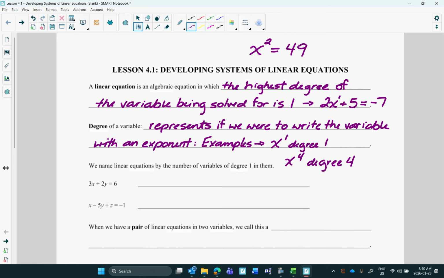There's actually another answer that works too. Any idea? -7, because -7 times -7 is 49. So this is an equation of degree 2. Next year, we're going to start solving these things more and more. But for now, we're sticking with linear equations.